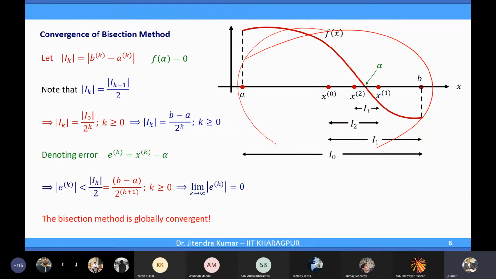So the bisection method is globally convergent, meaning there is no restriction on anything for the convergence. Unlike Gauss-Seidel, where we have some restrictions, and there will be many other methods which follow that have some restrictions, but not this one. The bisection method has no restriction.